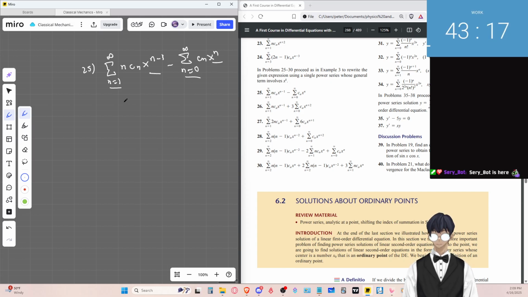So we have to have k. In this case, it would equal n minus 1. And if n is equal to 1, then n must equal k plus 1 in this case. And I think this one we don't have to change.